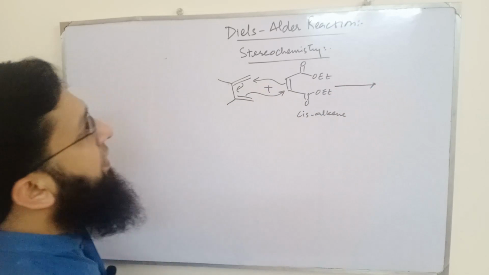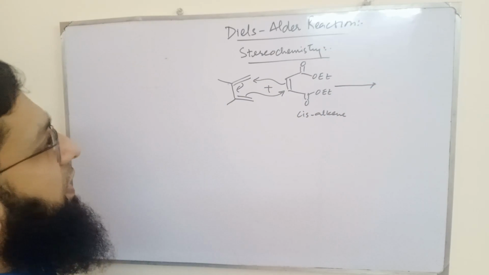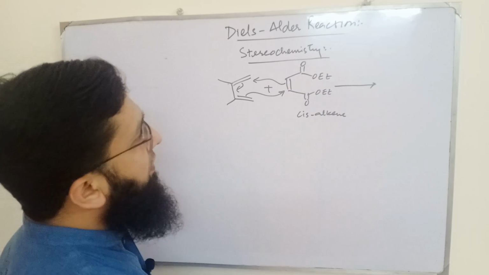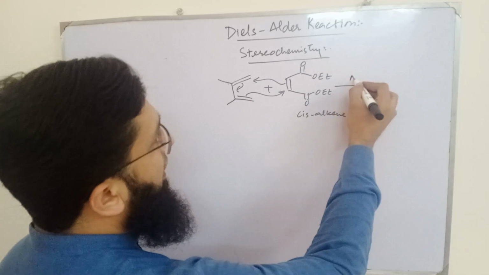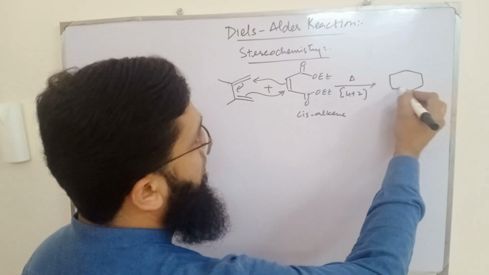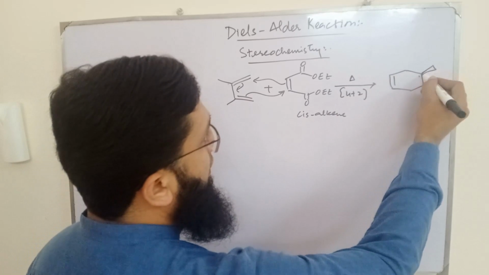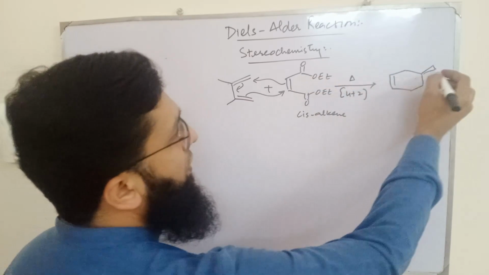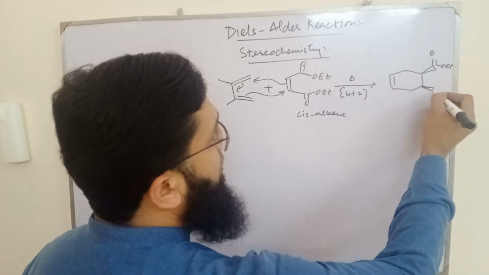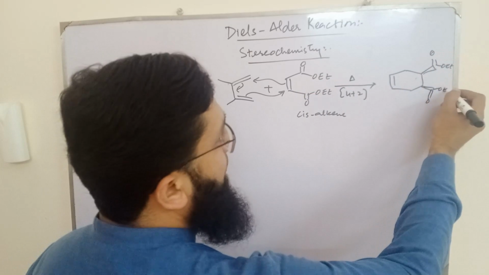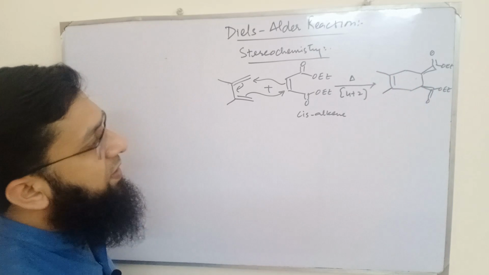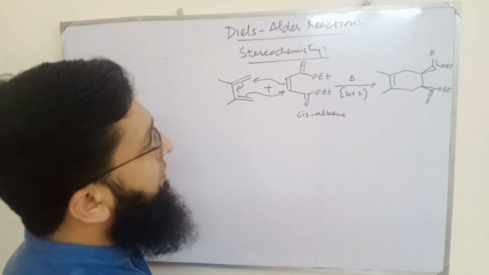In general, the Diels-Alder reaction takes place via retention of configuration, so both of the groups will retain the configuration, and if one of the groups is on the above side, the other group would also come on the above side of the plane. Because we have discussed that it takes place through retention of configuration.